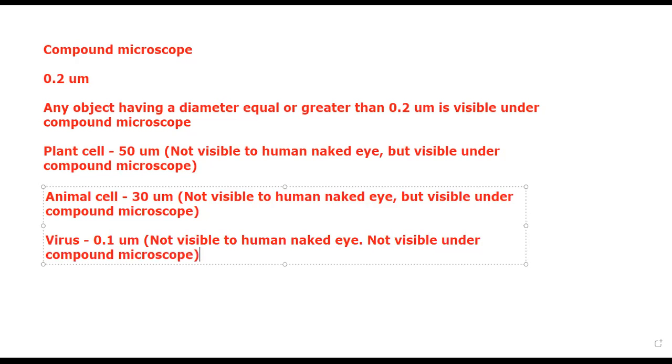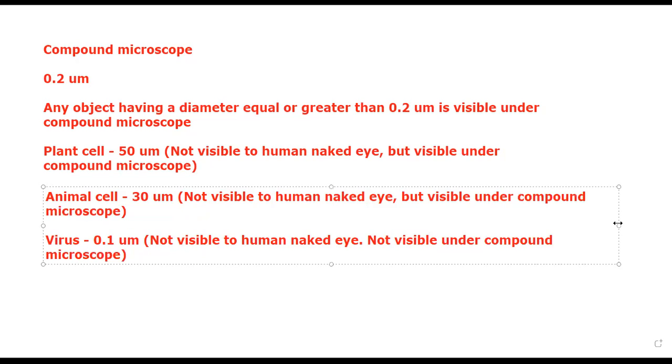Compound microscope. So you have to understand one thing. It is the resolving power that decides whether you can use a microscope to observe a thing or not. Understood? Yes, sir.